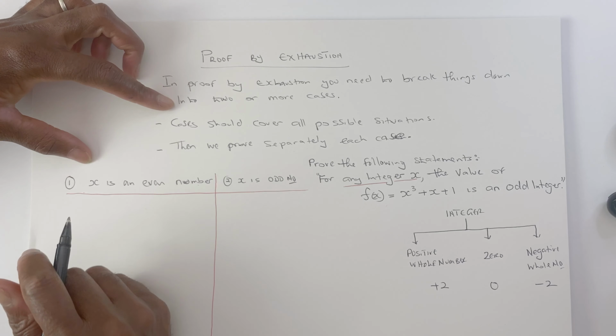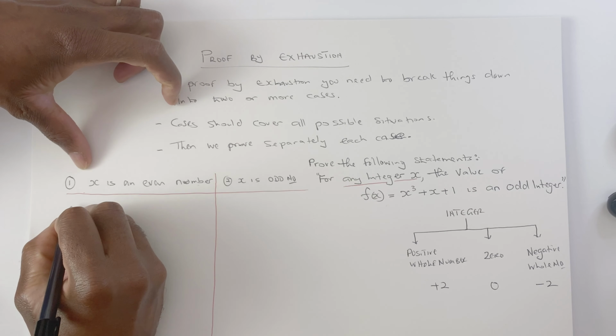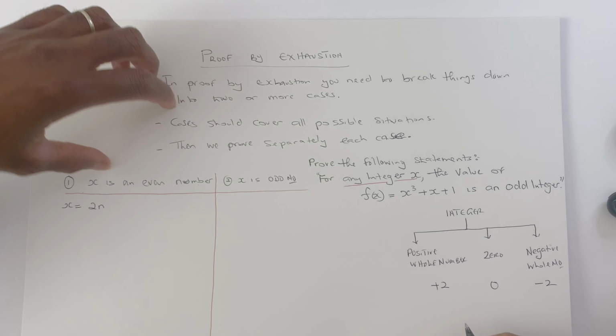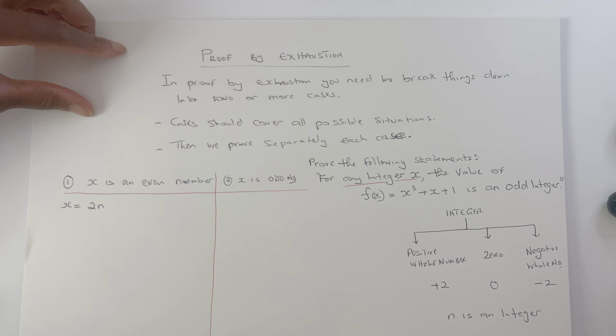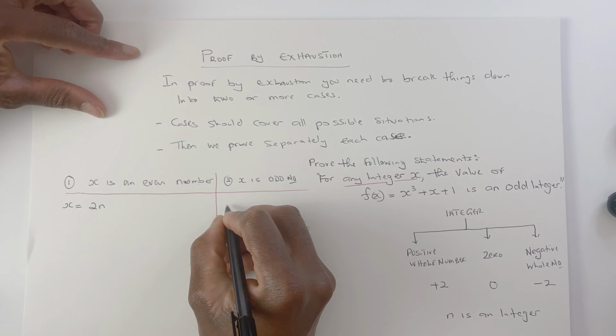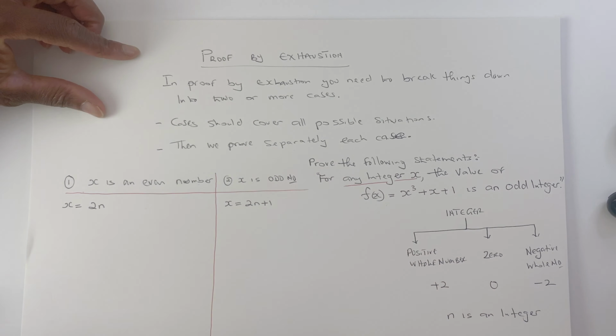What is the definition of an even number? We all know the definition of an even number. Let's say x equals 2n, where n is an integer. And in the case of an odd number, x would be 2n plus 1.